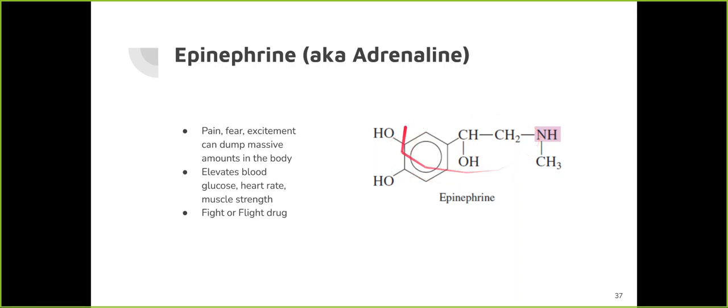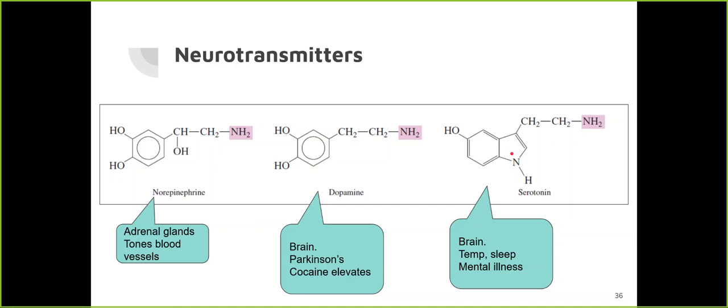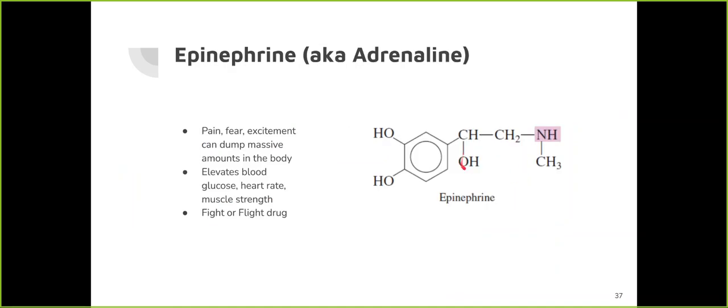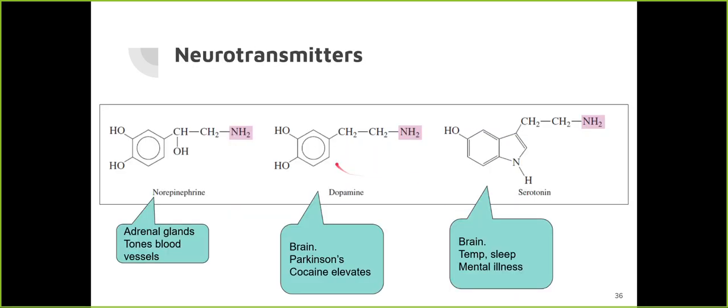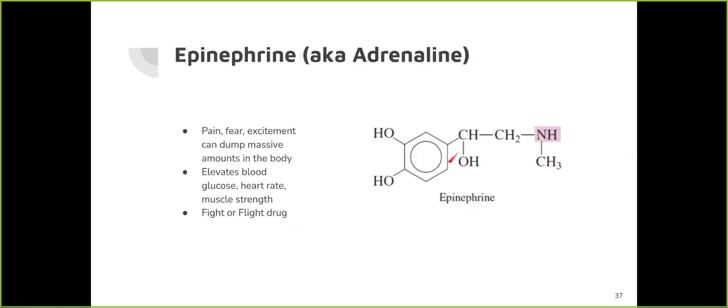And then a big one is epinephrine. Again, we've got our amino group here. I think we just had epinephrine here. That's dopamine. Oh, epinephrine has an extra hydroxy group right here. That's the difference between dopamine and epinephrine. This is also called adrenaline.